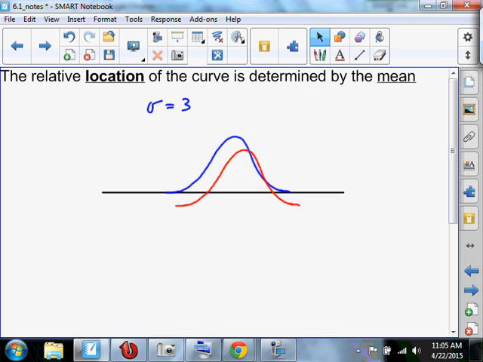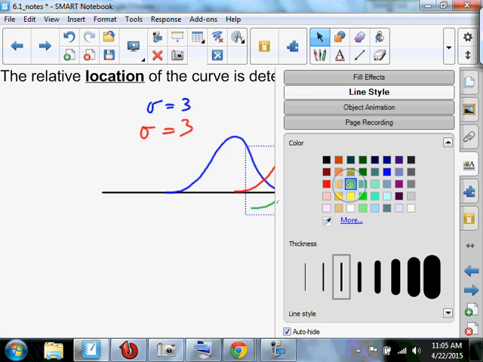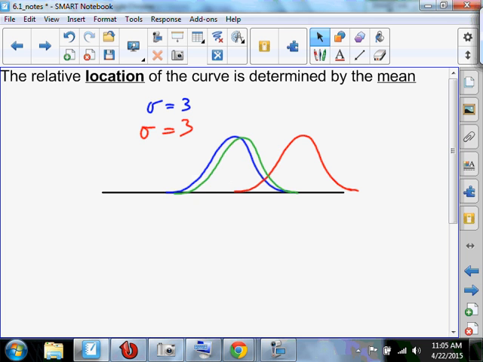There we go. We'll have another one with the same standard deviation of 3. We'll have this one over here. And we'll have still a third one. And this one will also have a standard deviation of 3. Okay. So notice they're all the same height, they're all the same width, but they're in different places.